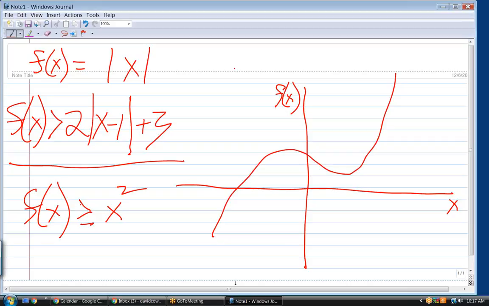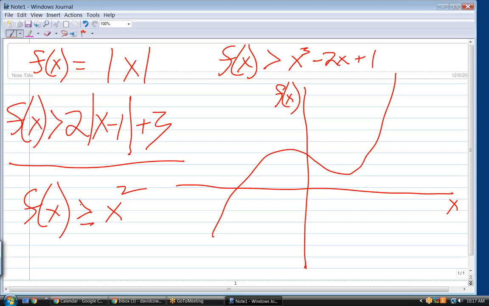Well, now if I want to say f of x is greater than x cubed minus 2x plus 1, let's say that's the function that I've drawn there. Okay. Well, now there's no inside or outside the parabola. There's only above or below the line. And if it's greater than, it needs to be above the line. And if it's less than, it needs to be below.